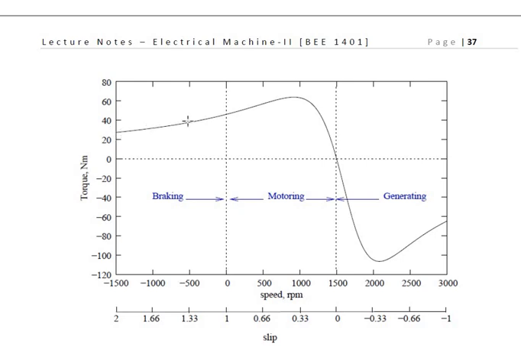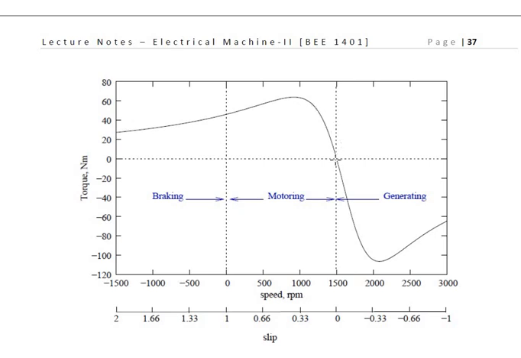And for the braking action, we can observe that the speed is negative and the torque is positive. So for braking, the torque is positive and the speed is negative.